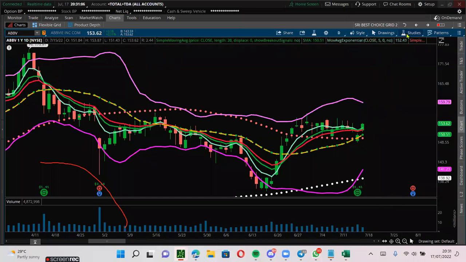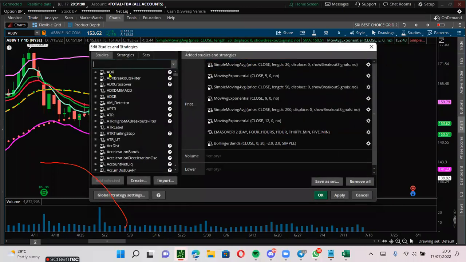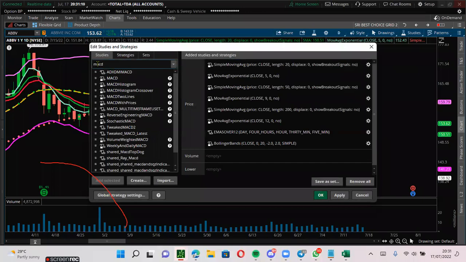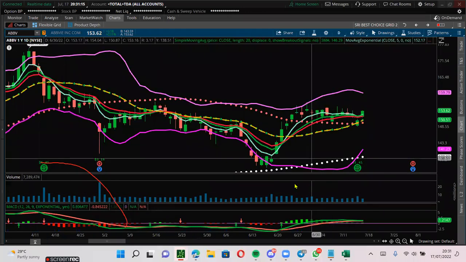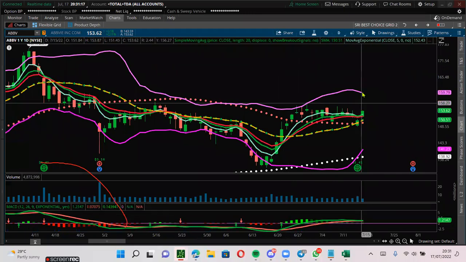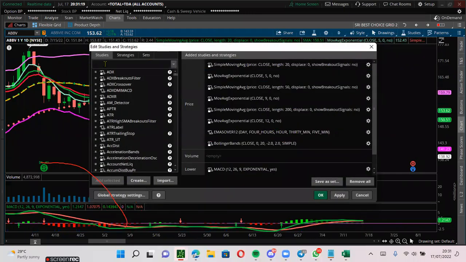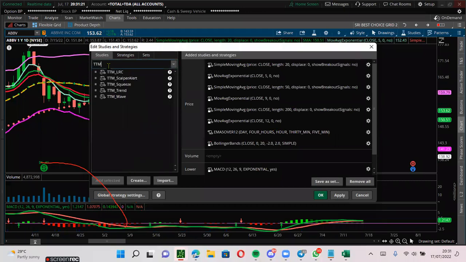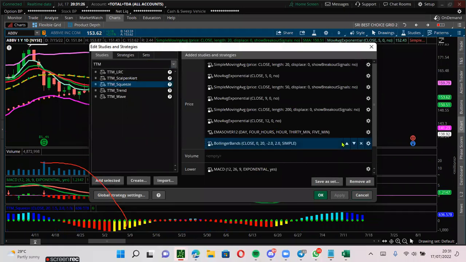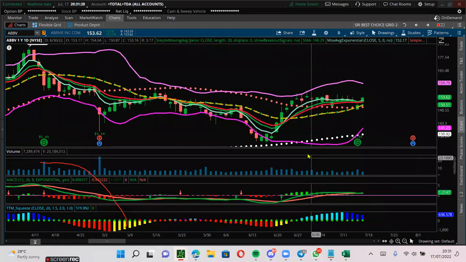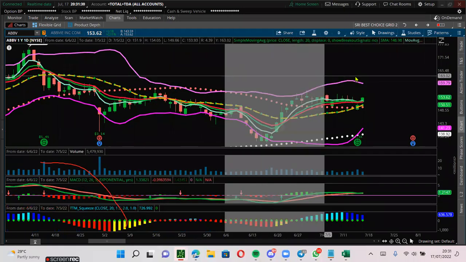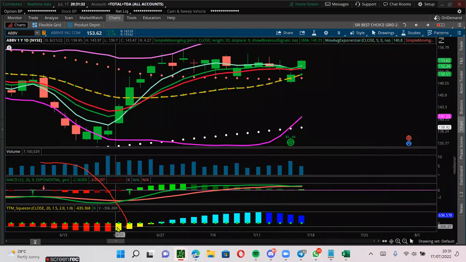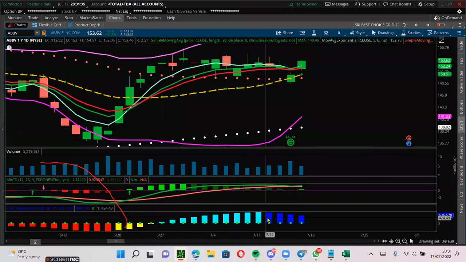We can also add some other indicators like MACD to help us see when it is actually breaking out. Okay, I got a buy signal right here on the MACD. You can also add a TTM. If you see now with this ABBV, anything starting from yellow to the darker blue, that's the good buy point.